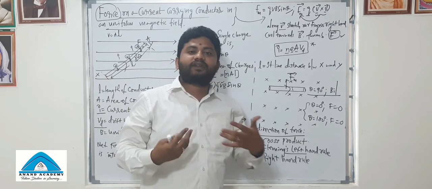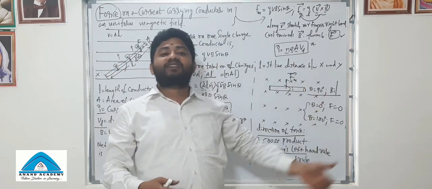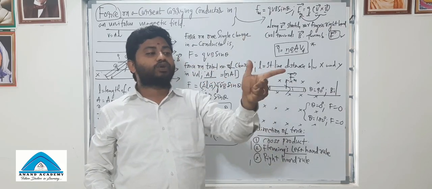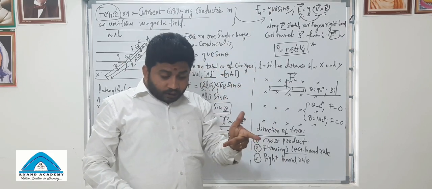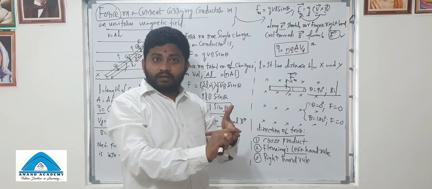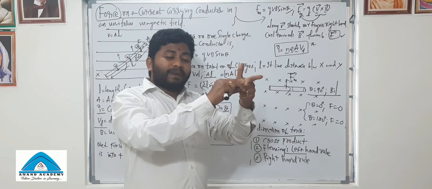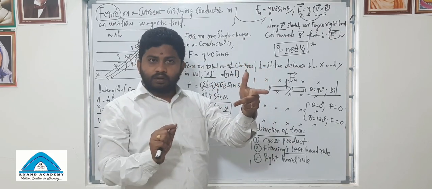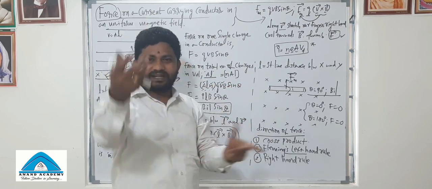According to Fleming's left hand rule, imagine we stretch our left hand thumb, forefinger and middle finger such that they are mutually perpendicular to each other. If we keep our forefinger in the direction of magnetic field and middle finger in the direction of current or the positive charge motion, automatically the thumb will give you the direction of magnetic force.